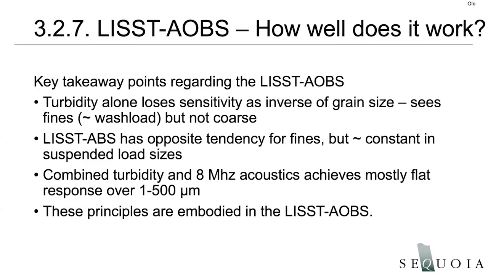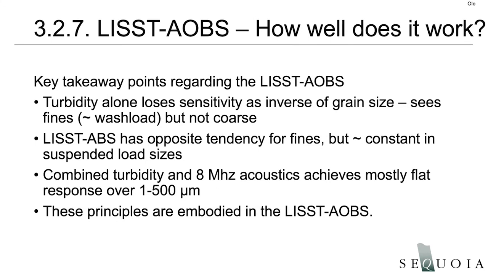So the key takeaway points regarding the AOBS is that implementing this pairing factor, where we combine the turbidity and the 8 megahertz acoustics, we get a really, really flat response, as flat as physics allows, over a size range from very fine particles of about 1 micron up to about 500 micrometer particles.